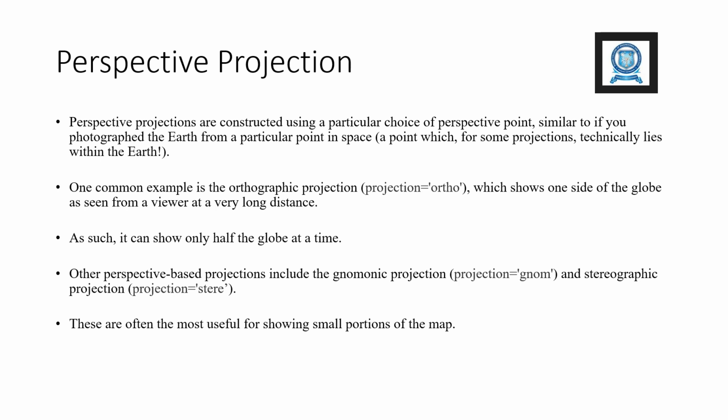As such, it can show only half the globe at a time. Other perspective-based projections include gnomonic projection, that is projection equal to 'gnom', and stereographic projection, that is projection equal to 'stere'. These are often the most useful for showing small portions of the map.